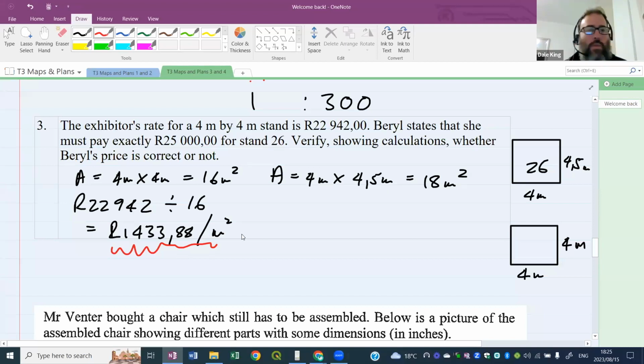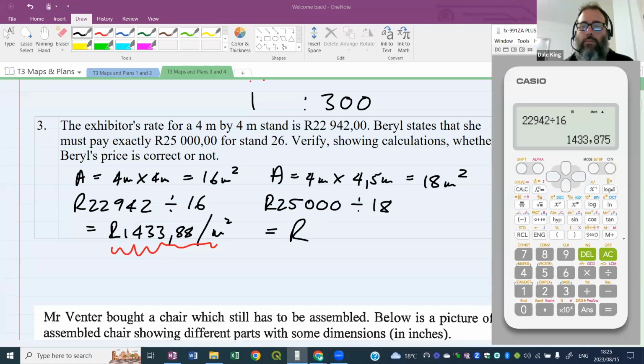And she's saying I should be paying the same price per square meter as anyone else. My stand is 25,000. Is it right? Well, we should check how much Beryl's side is for stand 26. So we can apply the same thing. Take Beryl's rand value, which is 25,000, and divide that by 18 and see what she gets. It's 1,388,89.